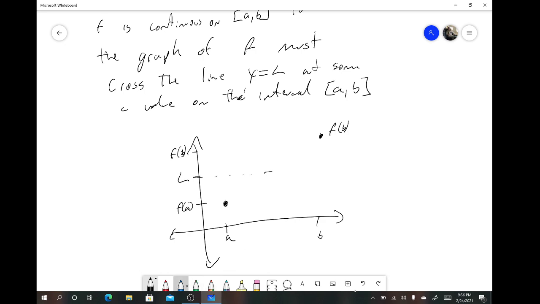So L is this blue line. And that says that if f is continuous, then f is going to have to cross this line at some point, and that point we'll call c. So that just means that we could find a value for c such that f of c is equal to L. If we connected these two endpoints, then we will see that somewhere here this c value is going to have exactly the output that is equivalent to L.